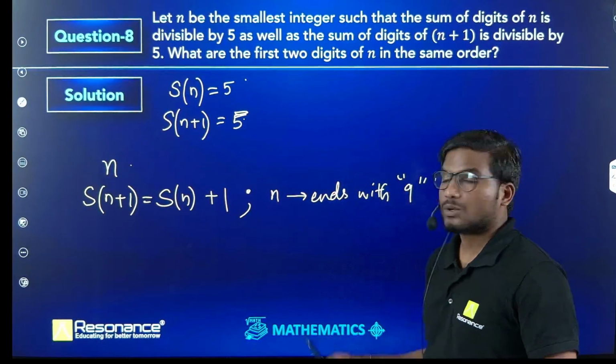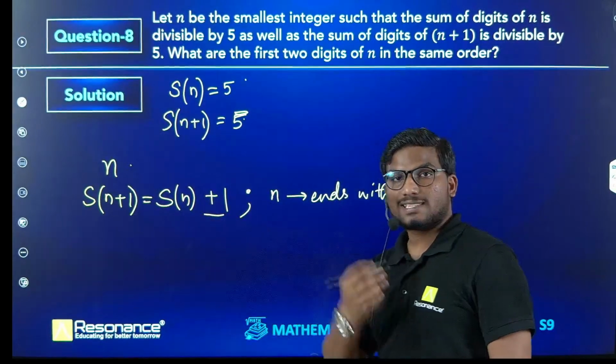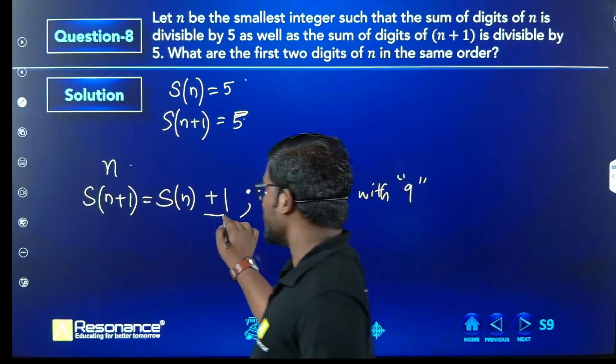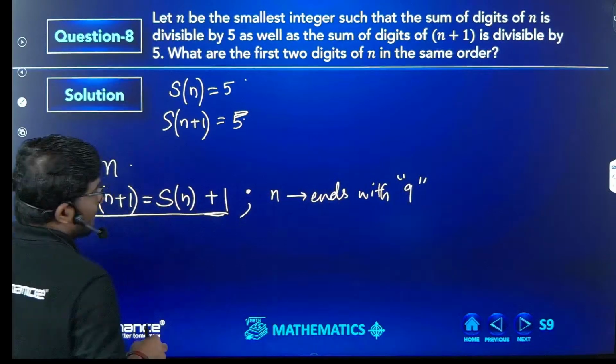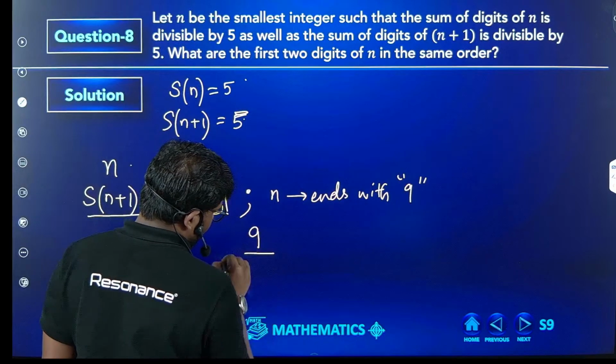So when n ends with 9, this does not hold good because n carries a 1 and thereafter the sum of digits changes. So from this logic we can deduce that the last digit is 9.